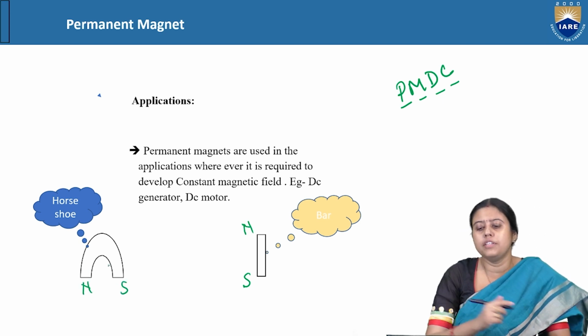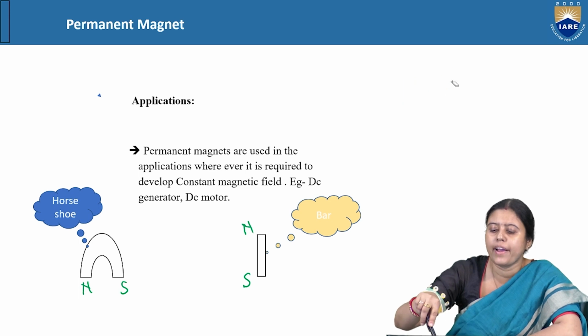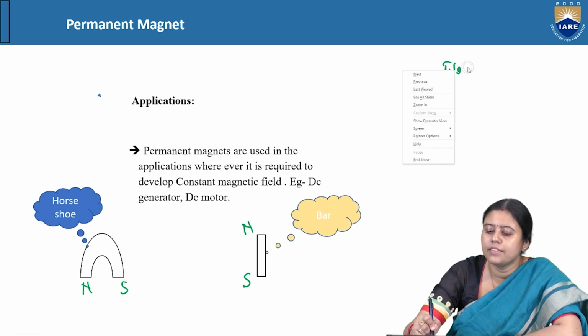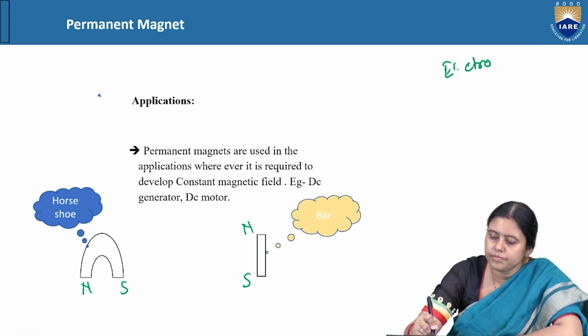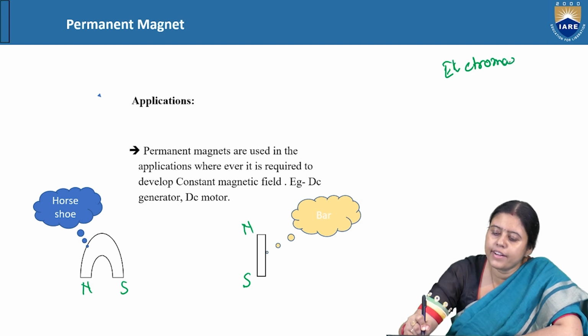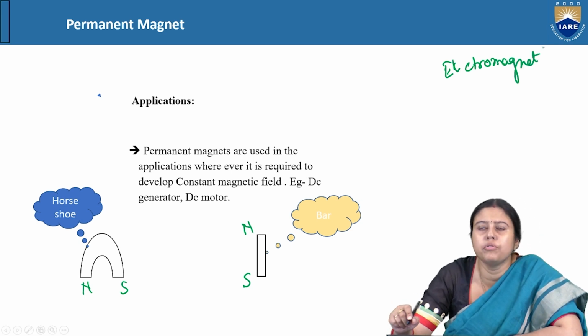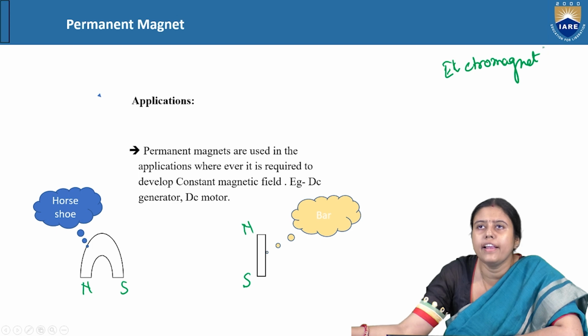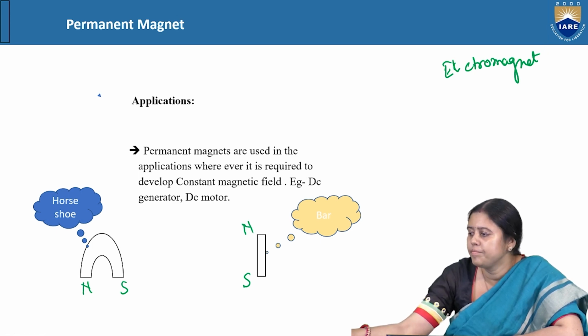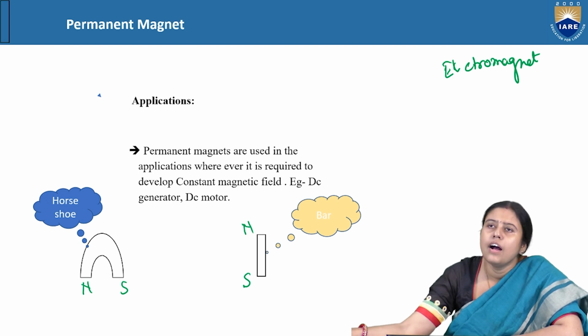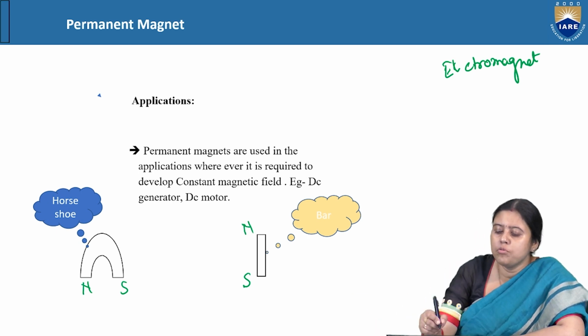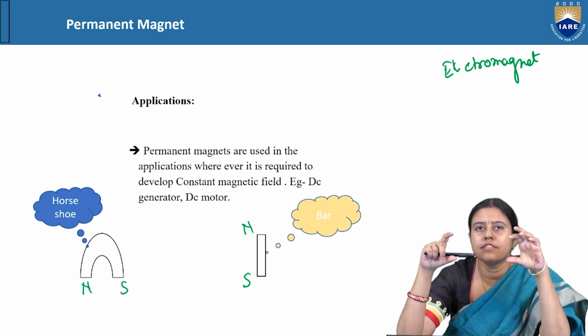And next we will discuss the electromagnet. As with the permanent magnet, we will also discuss the electromagnet. We can use iron or silicon steel.